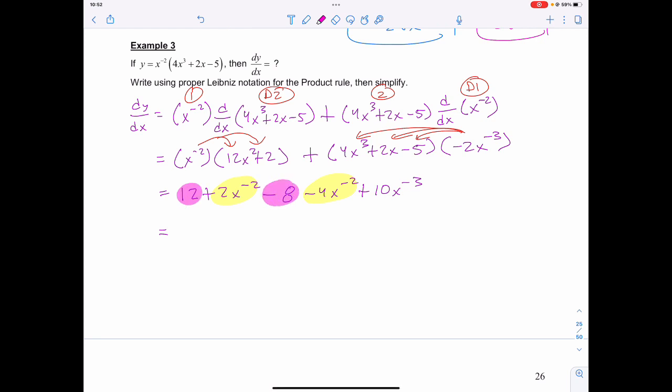And then I have my 10x to the negative 3, which does not have a like term, which means that I have 4 minus 2x to the negative 2 plus 10x to the negative 3.